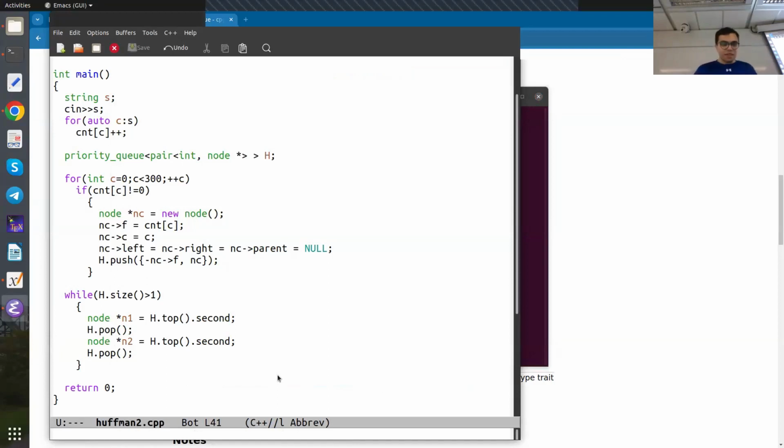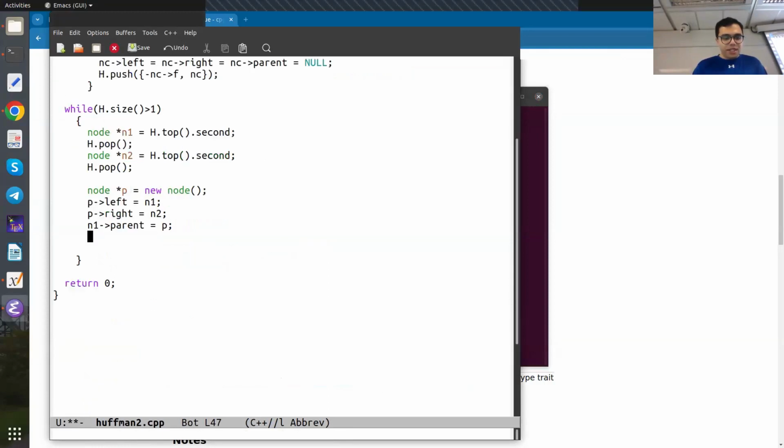Okay, so I took the two elements that have the smallest frequency. I'm going to create a parent for them. I'm going to call this P. It's going to be a new node. P's left child is going to be N1. P's right child is going to be N2. N1's parent is P. N2's parent is P. And P's frequency is going to be N1's frequency plus N2's frequency, right?